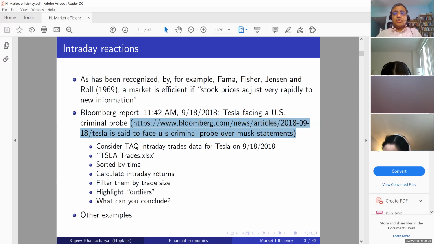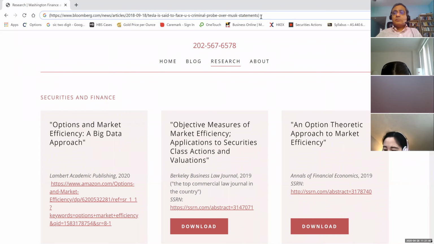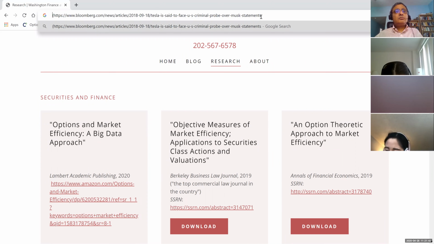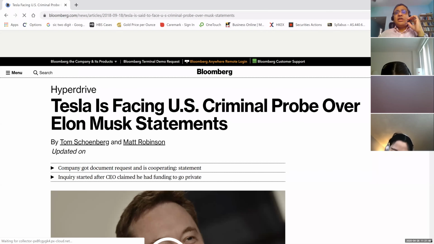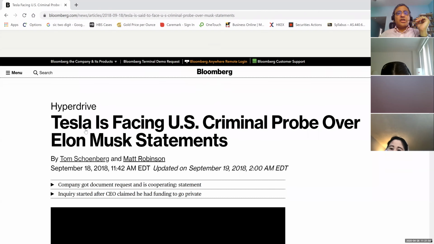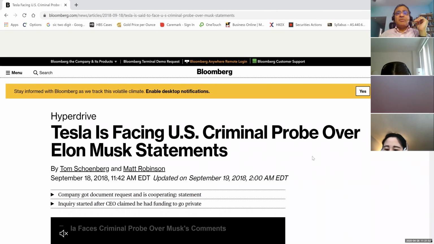You see this link to a Bloomberg article. This is the Bloomberg article saying that Tesla is facing a U.S. criminal probe about Elon Musk's statements.